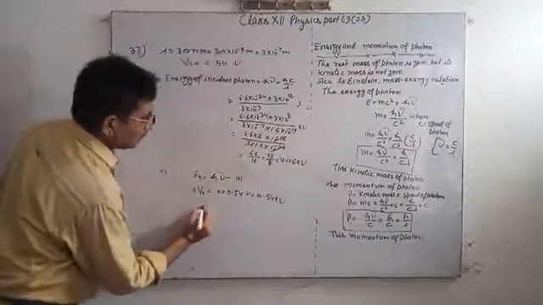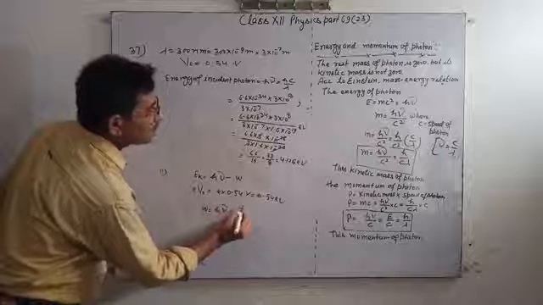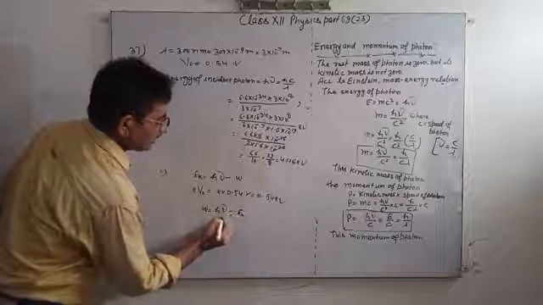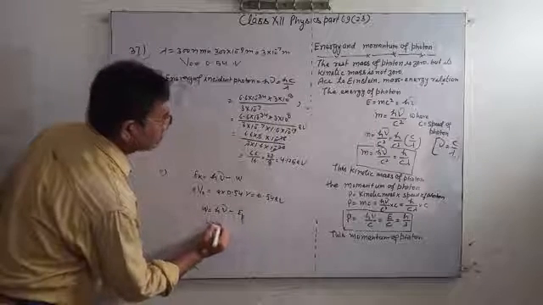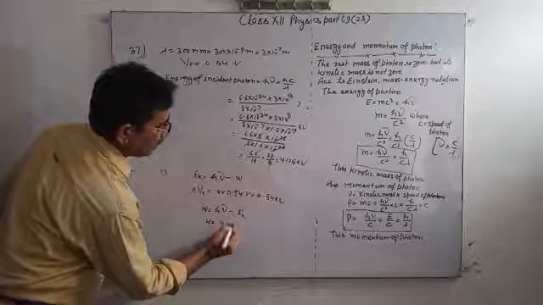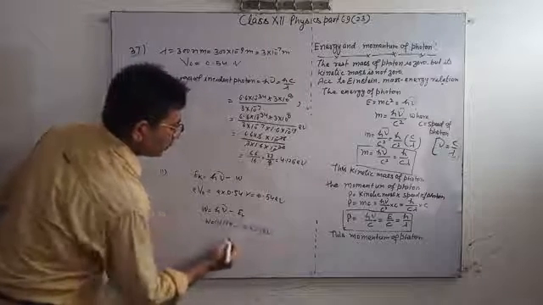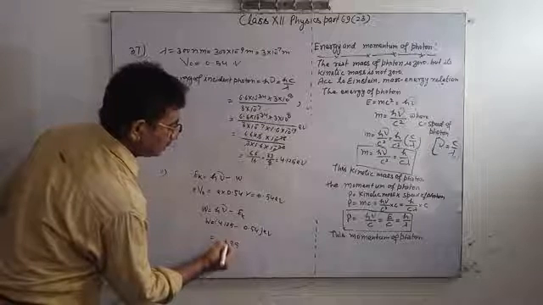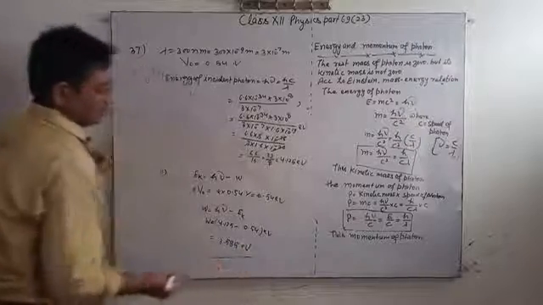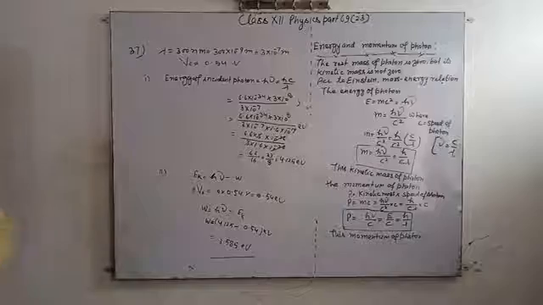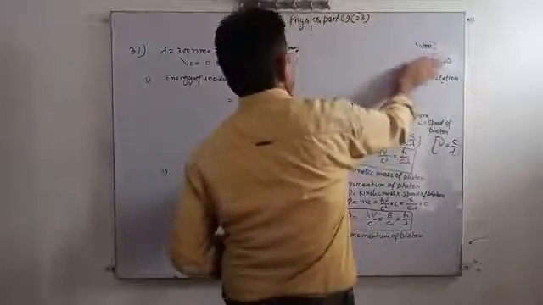From this equation, W = hν − Ek. hν is the energy of the incident photon, so the work function W equals 4.125 minus 0.54 electron volt, which will be 3.585 electron volt. All of you complete this question, numerical part.